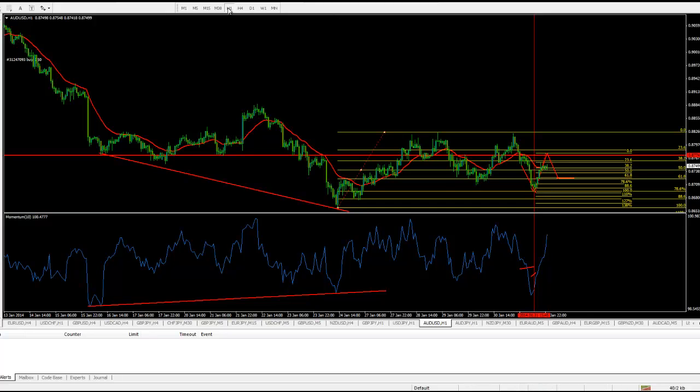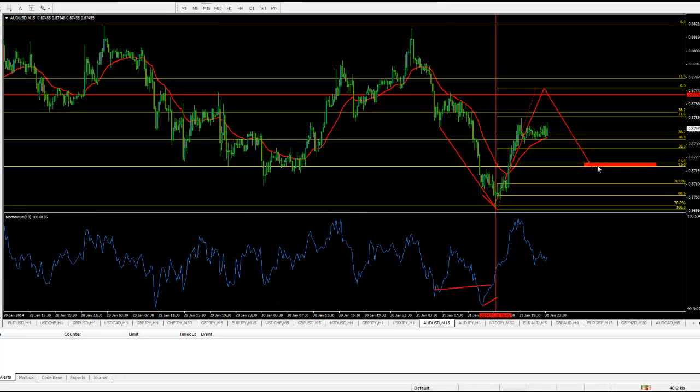Then here's how convergence works. If we get to this area, our support level, we're looking to buy, and notice also how nicely that comes into support right in here. This is how you identify these and set them up in advance.